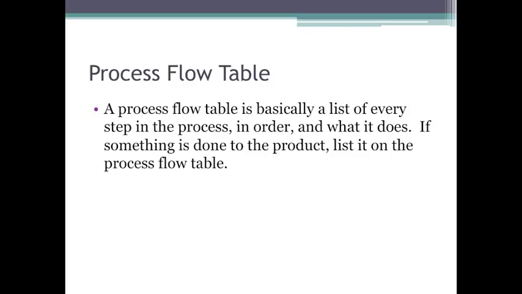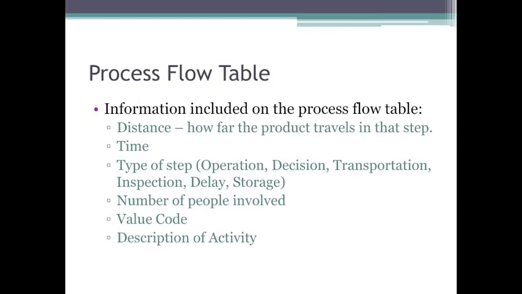So, as with any good problem solving, it's sometimes a good idea to organize things. And how we organize things here is we start with what's known as a process flow table. We make a list of every step in the process, in order, and what it does. And if something is done to the process, we need to list it on this table. So what do we put on this table?